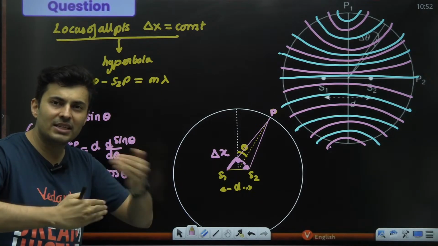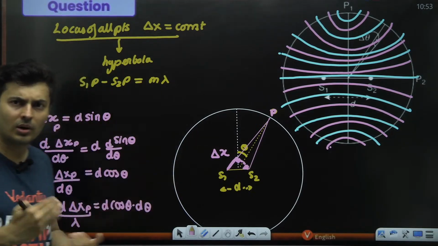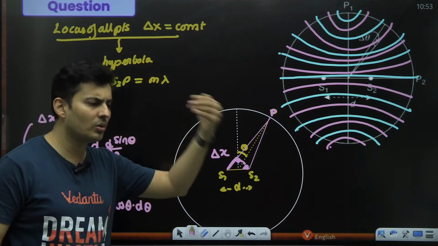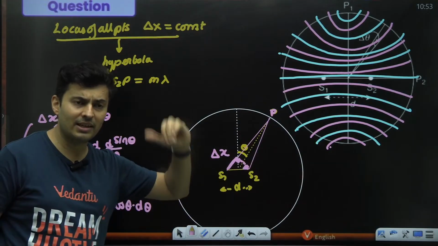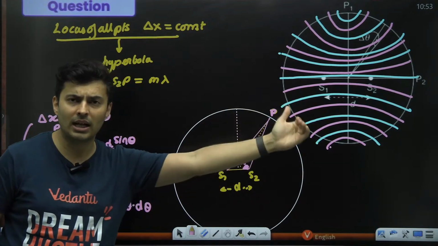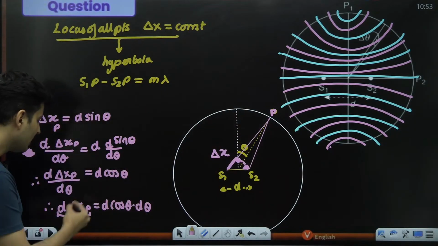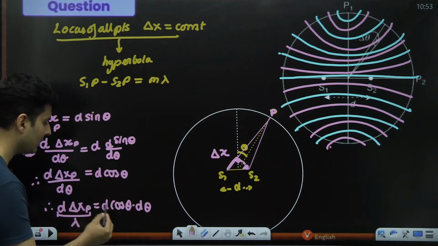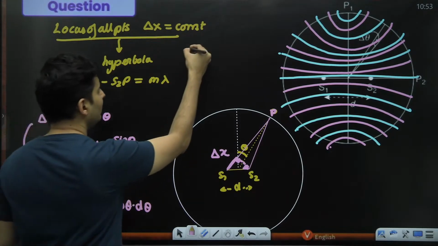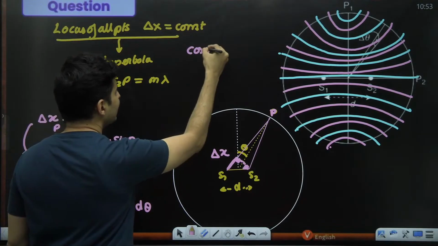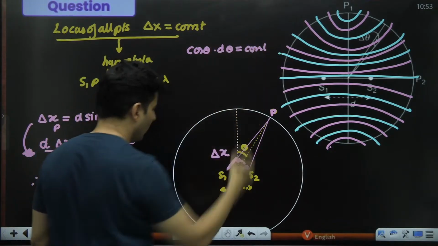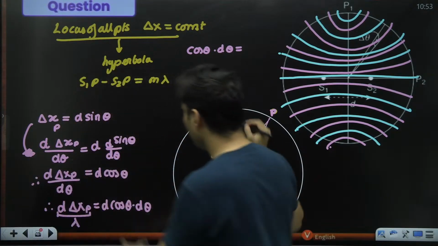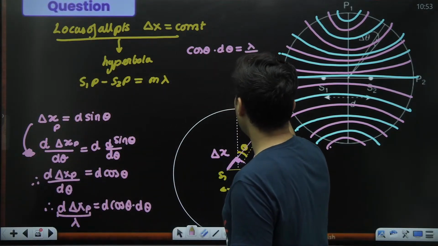Always the path difference will change by lambda, whether it is from 3 lambda by 2 to 5 lambda by 2, 5 lambda by 2 to 7 lambda by 2, or from 7 lambda to 8 lambda to 9 lambda to 10 lambda, like that. So this left hand side is a constant, d is a constant. So from this, what we get is cos theta into d theta is basically a constant, or if you don't like that word, it is nothing but lambda divided by d.